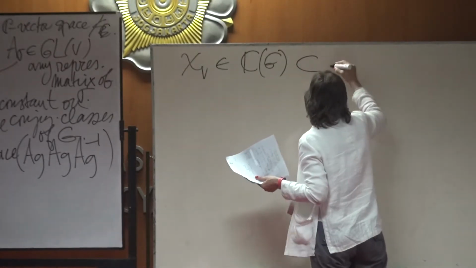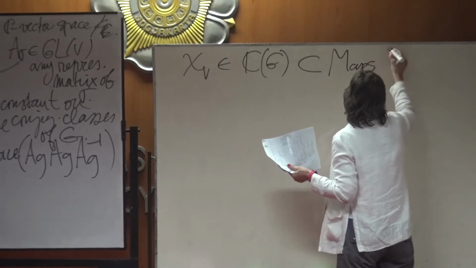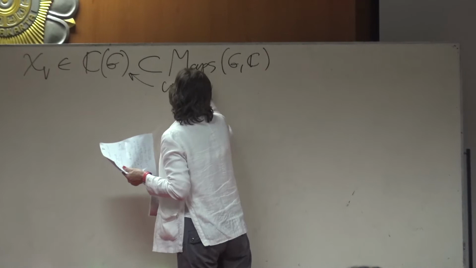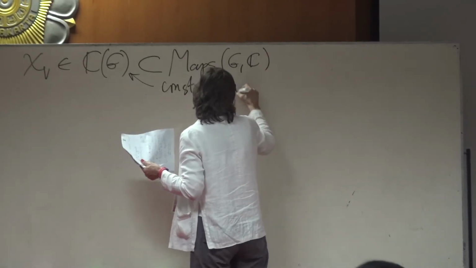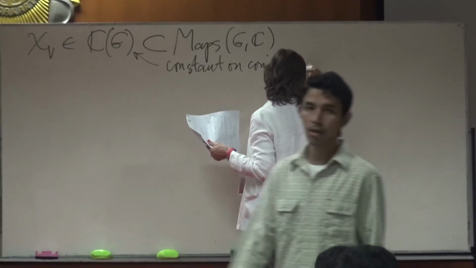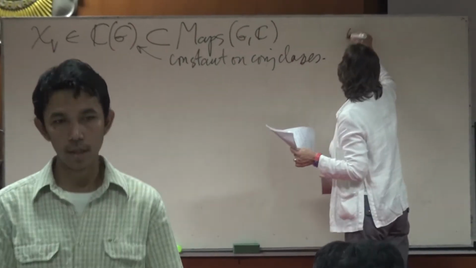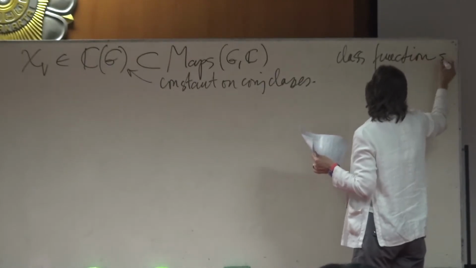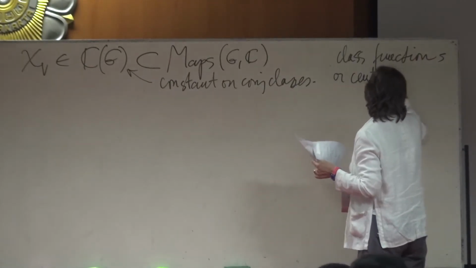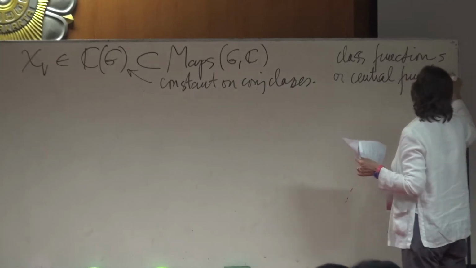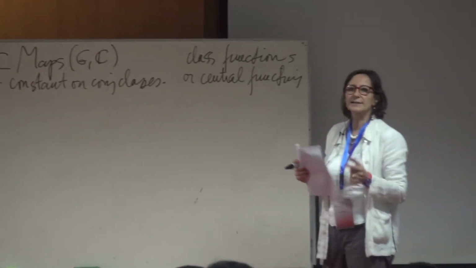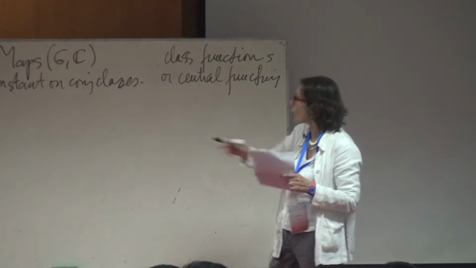And this is a subset of all maps from G to C. But these ones are constant on conjugacy classes. So they are called either class functions or central functions on G.